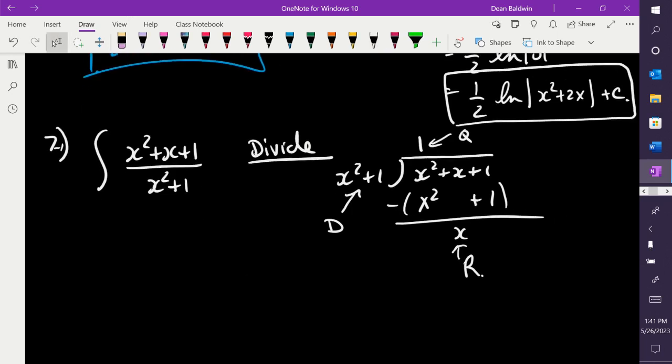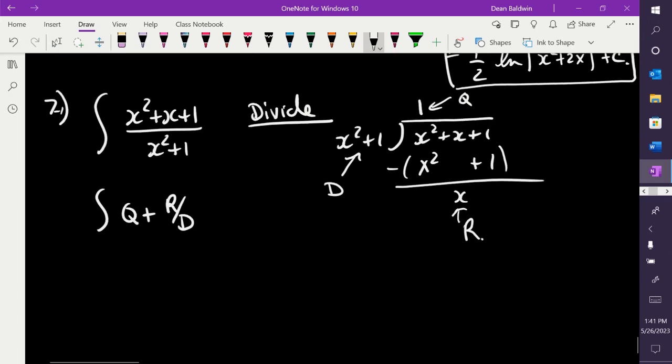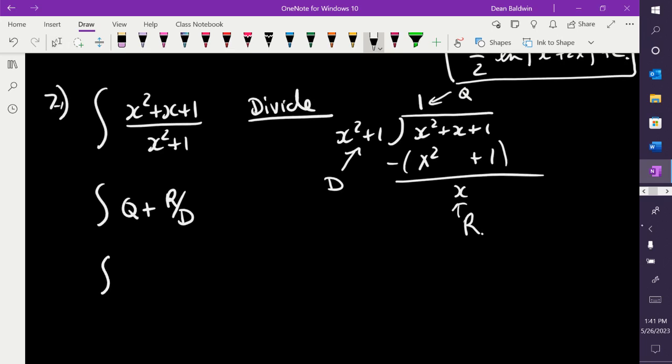Do you remember how we write things in calculus? We did it when we did limits to infinity. Q plus R over D. So it becomes the integral of q, which is 1, plus the remainder over the divisor.